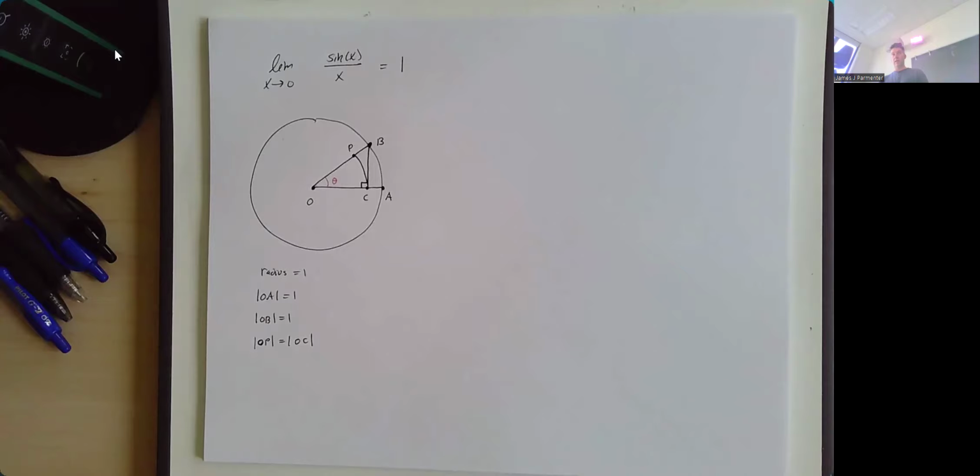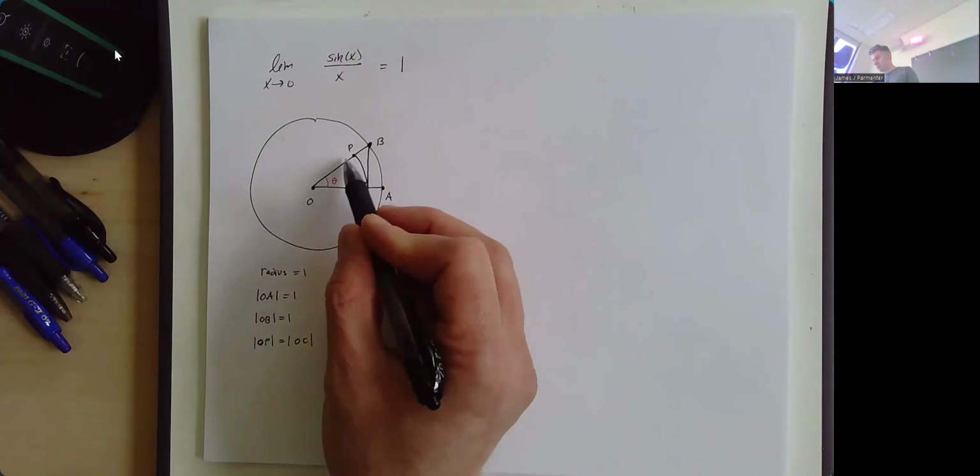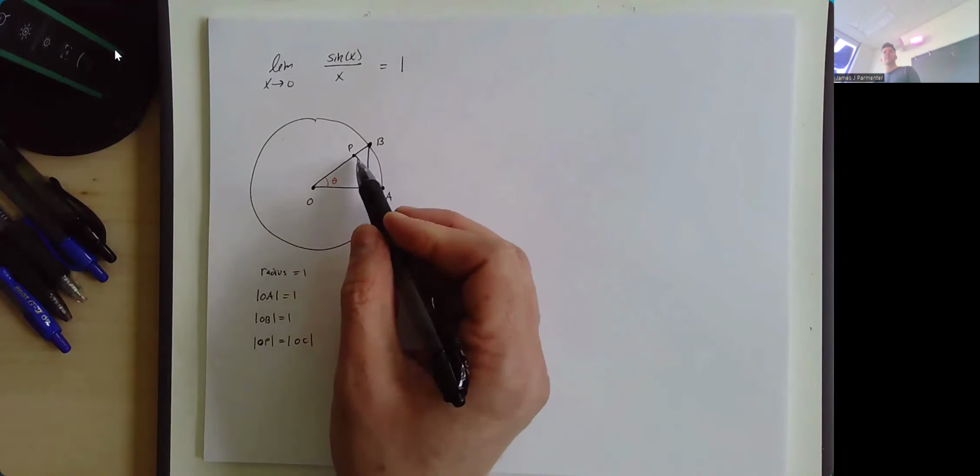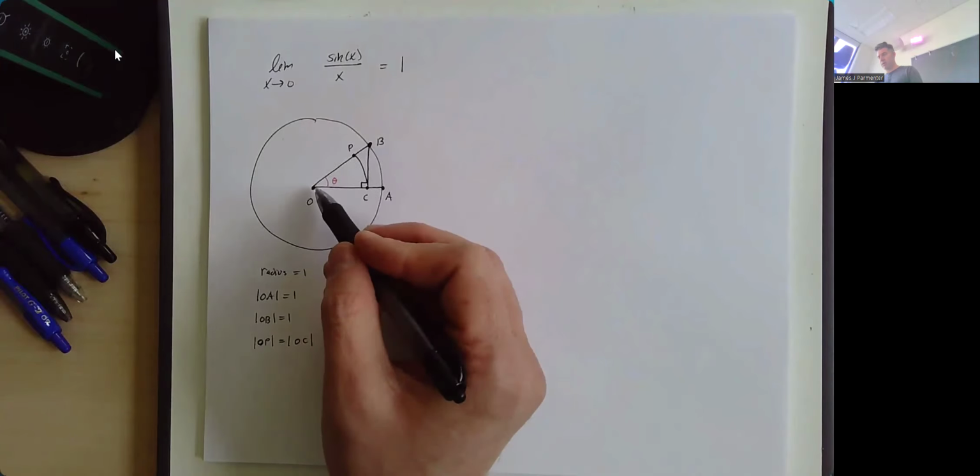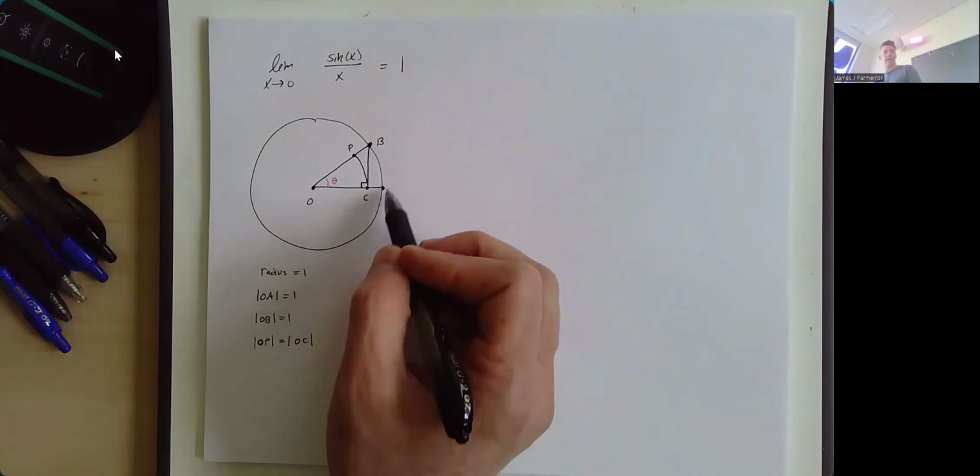Okay, so here's what I want you to see. This slice of pie, OCP, is smaller than this triangle, OCB, which is smaller than this larger slice of pie, OAB.